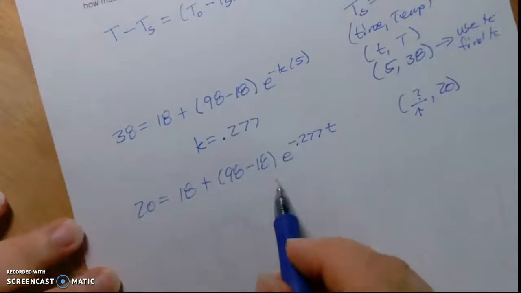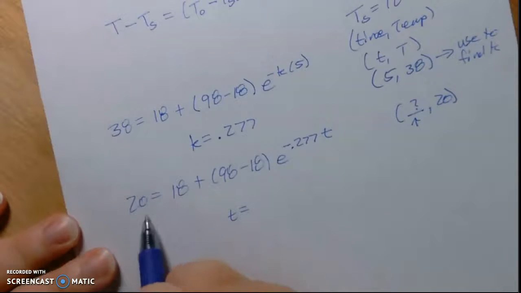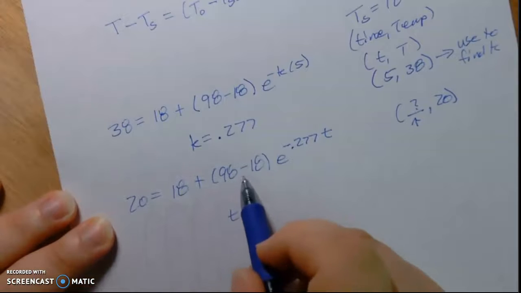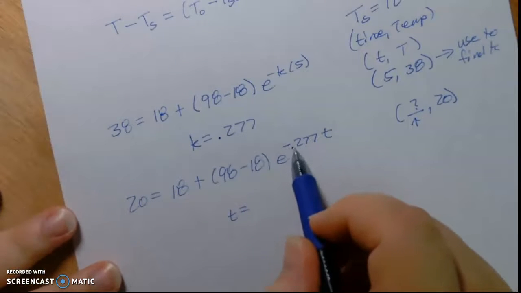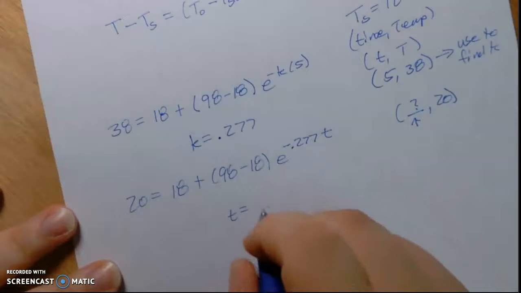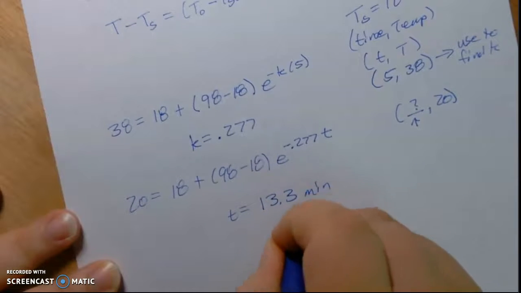So again, we solve all this. I'm going to trust that y'all can do that. We subtract 18, we get 2. We divide that by 80, take the natural log, divide by negative 0.277. That comes out to be about 13.3 minutes.